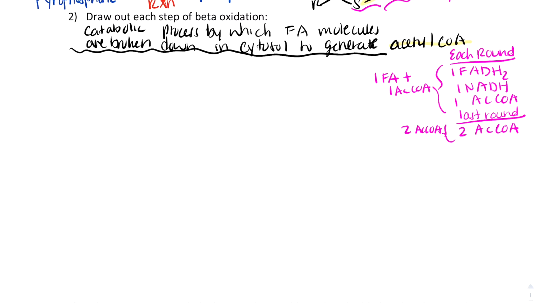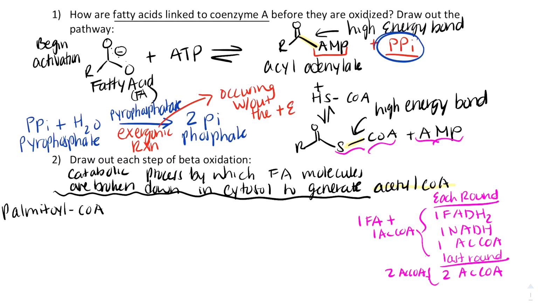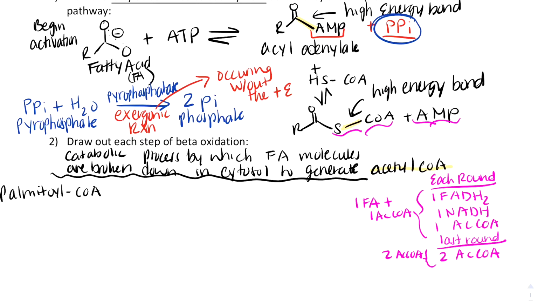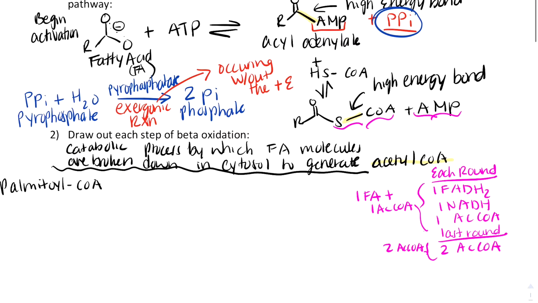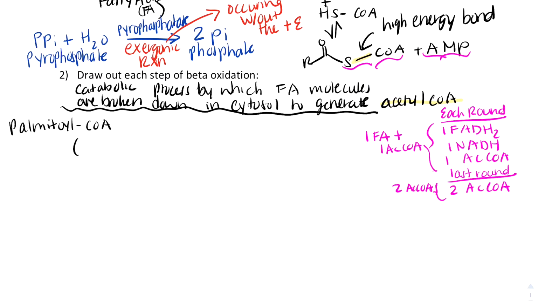So let's look at palmitoyl-CoA. As you'll notice, this fatty acid has already gone through the process of linking to a coenzyme A. Beta oxidation cannot occur until the fatty acid has been linked to the coenzyme. So let me just draw the structure, and then the high energy bond that's here.